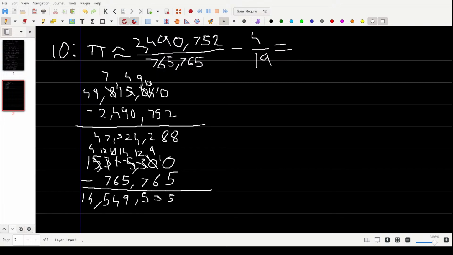The sun is out, so why is it dark? Anyway, that's 47324, that's right. And then 765,765 times 19. That's 14,549,535. That's correct. Good.